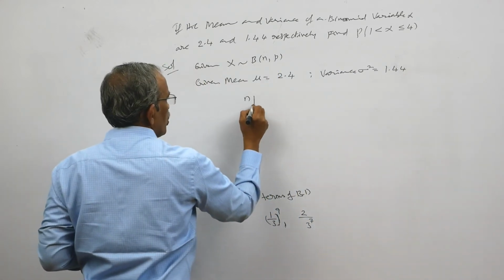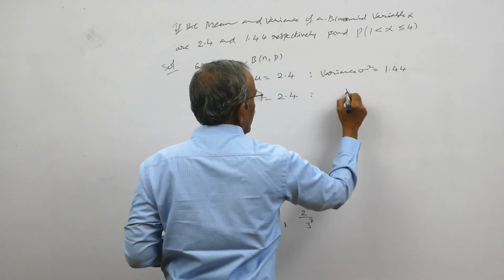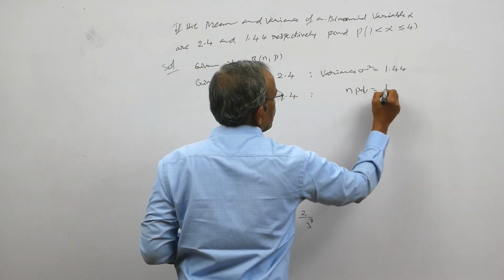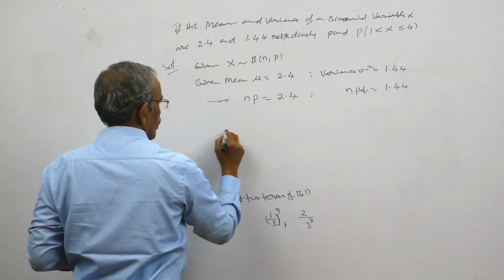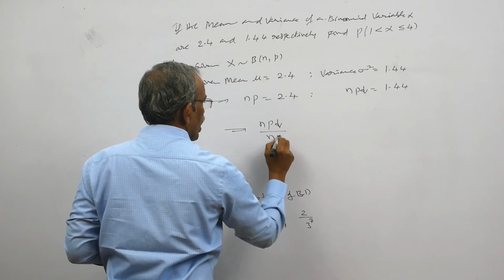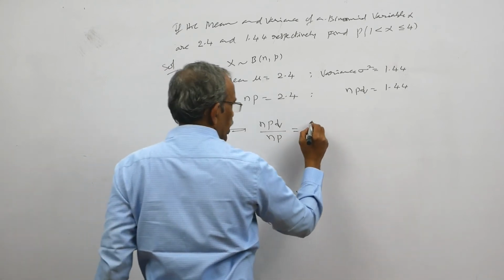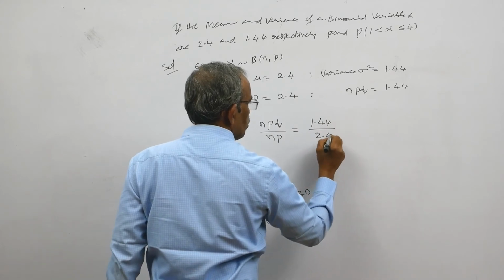Here mu is equal to np equal to 2.4 and variance npq is equal to 1.44. That implies npq by np is equal to 1.44 by 2.4.